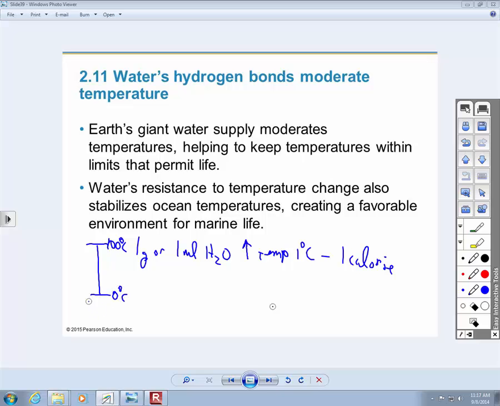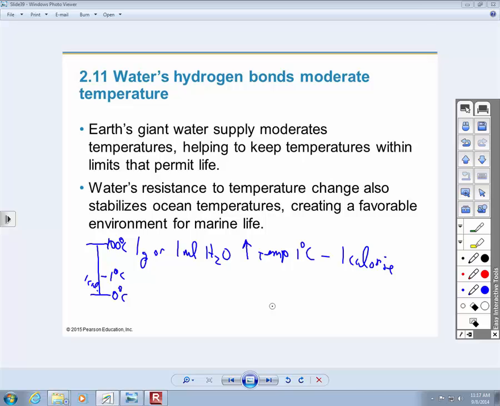So if I want to go 1 degree from, say, 0 degrees to 1 degree Celsius, that takes exactly 1 calorie to do that. If I want to go from 1 to 2 degrees Celsius, it's another calorie. 3 is another calorie. So to go from 0 to 100, that takes exactly a total of 100 calories.